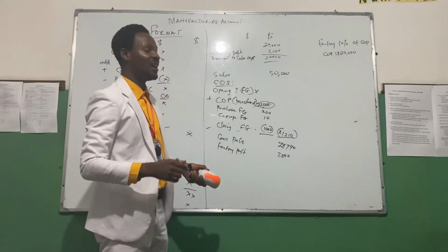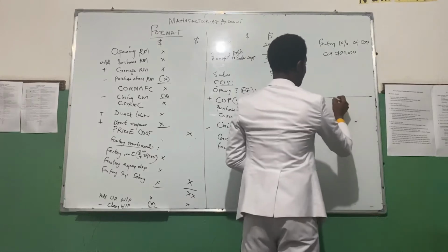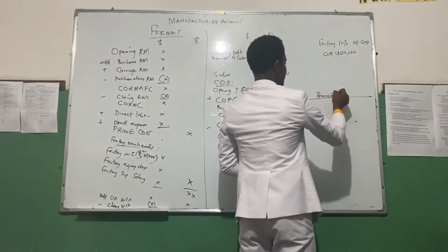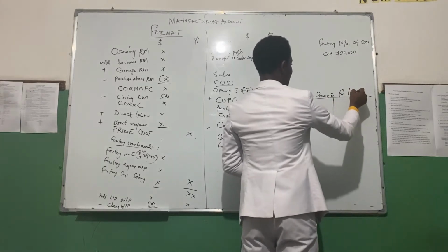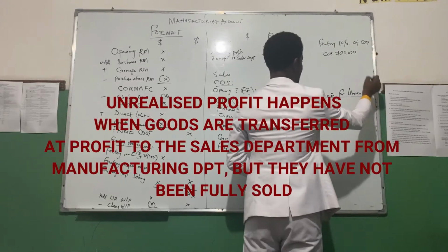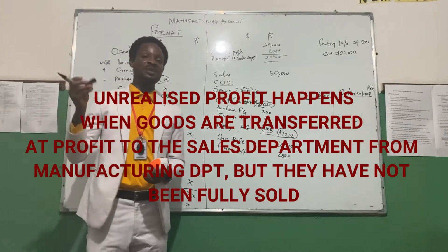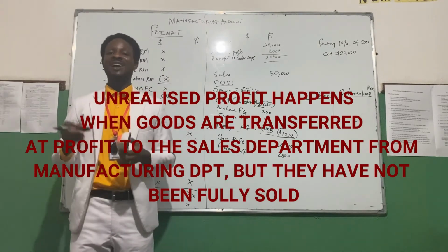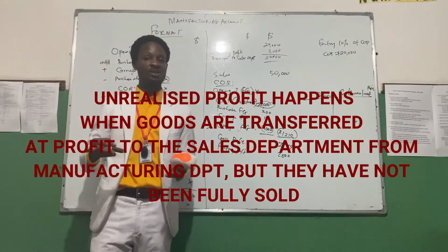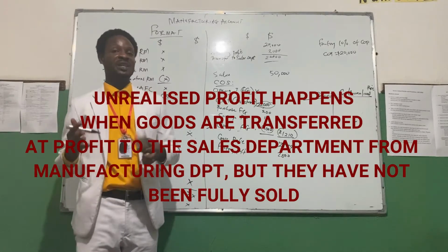Hence, you must prepare what we call provision for unrealized profit. Provision for unrealized profit account. Remember the DEAD CLIP acronym, trial balance, and accounting 101 videos that were already released on this channel. You can make reference to them to catch up. DEAD CLIP is an acronym.